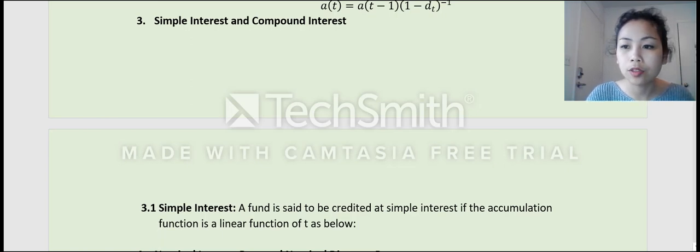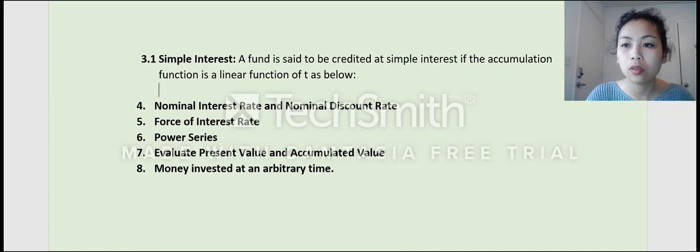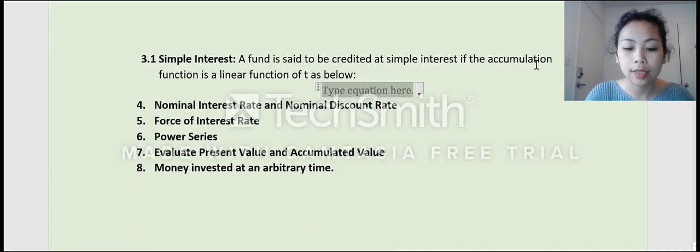So I'm going to insert formulas. That is A(t) equal to 1 plus it.